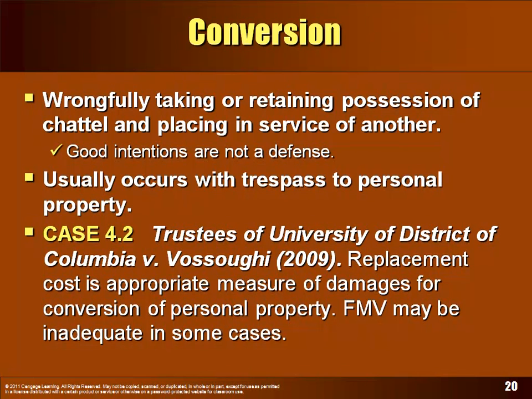So conversion is a special tort that's designed to get at converting the use of something that wasn't originally yours. Notice how that's different from what it says. It says wrongfully taking or retaining possession of chattel, which is personal property, and placing it in the service of another. Well, yeah, that's one way to convert.